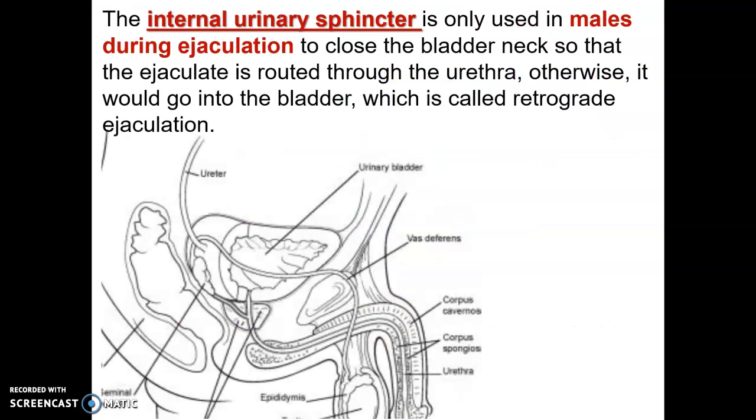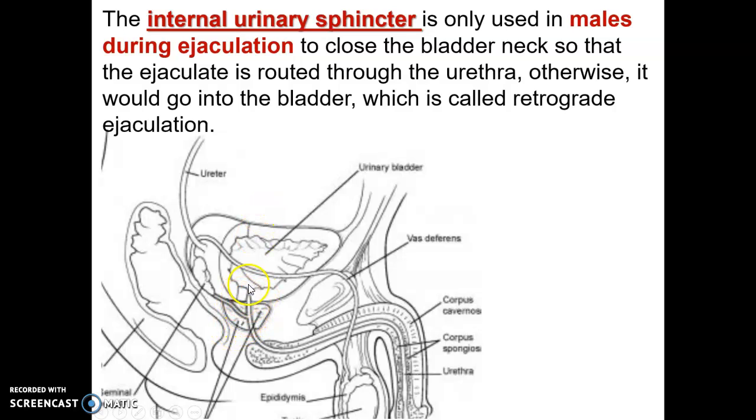The internal urinary sphincter is only used in males during ejaculation. It closes the bladder neck so that the ejaculate goes out the long urethra rather than up the short trip to the bladder, which is called retrograde ejaculation. So here's the testes. The vas deferens carries that sperm up and around the urinary bladder and down. Here's the prostate gland. It meets up. Prostate gland, Cowper's gland, puts all this stuff together, pushes a short route.